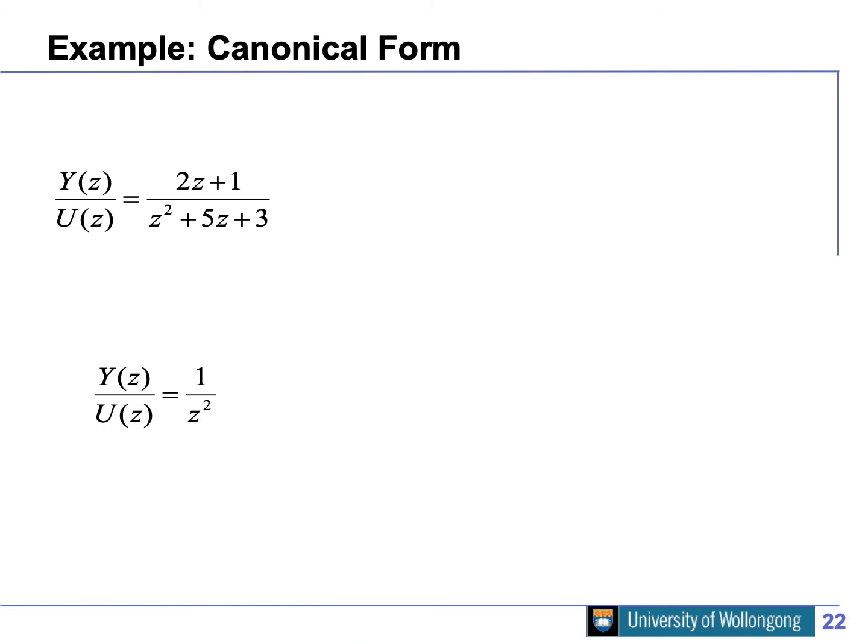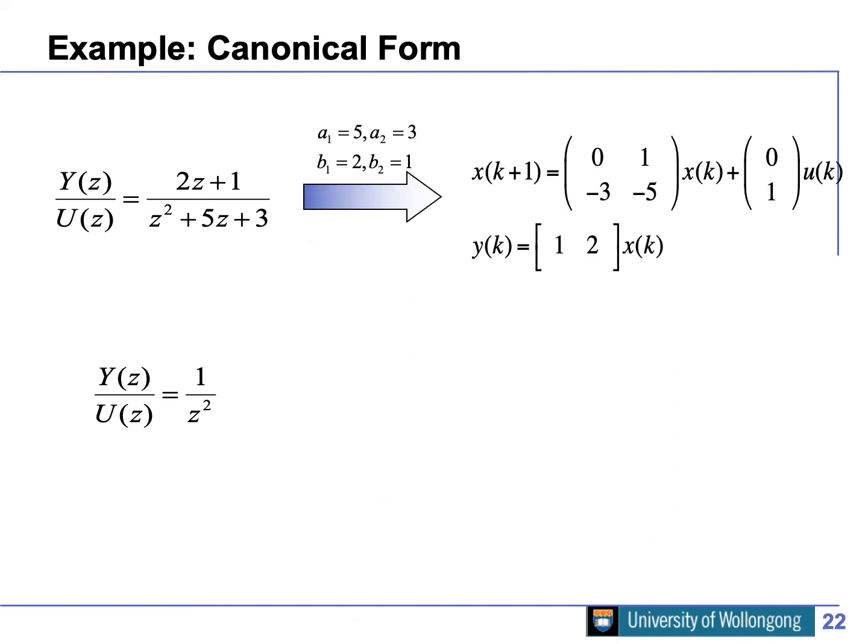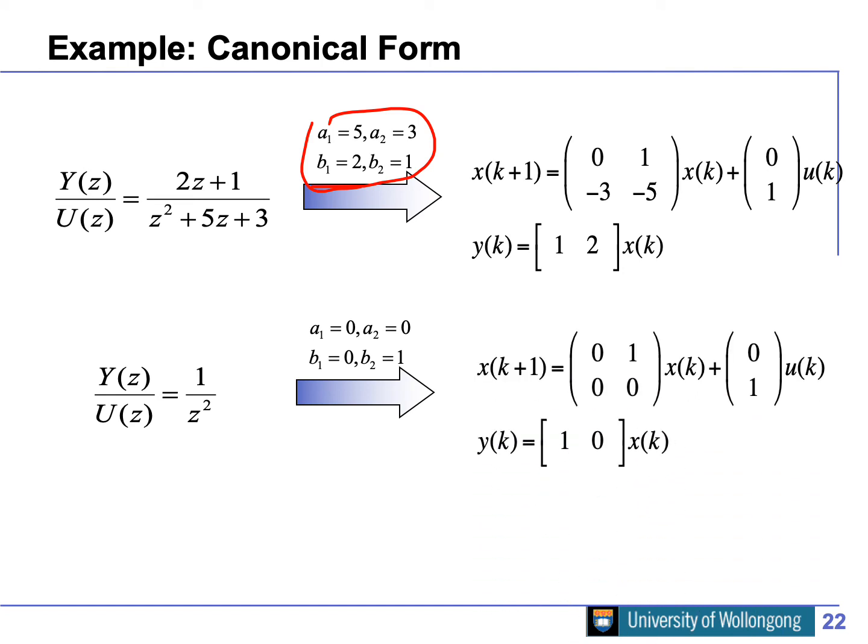So let's just take an example of these two to write them as canonical forms. I put the A and B's over here just to make sure that we don't misread this part. Particularly in this case, it has 0 Z plus 0.